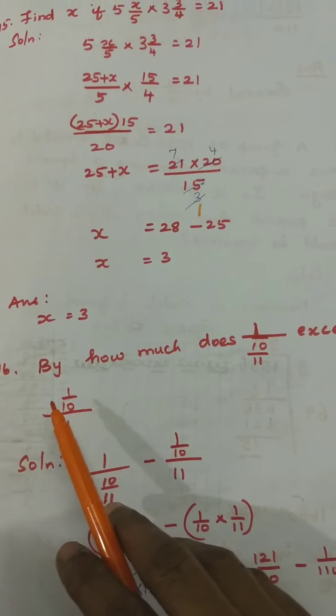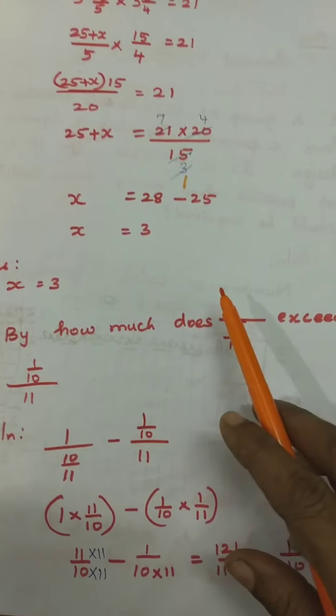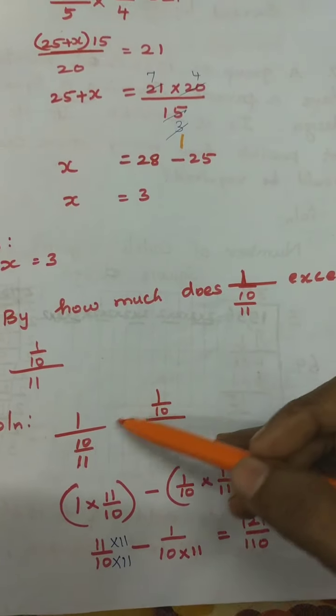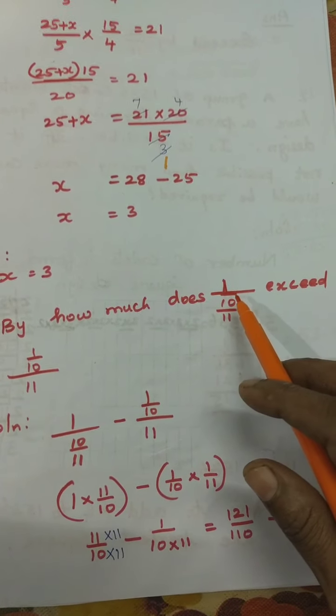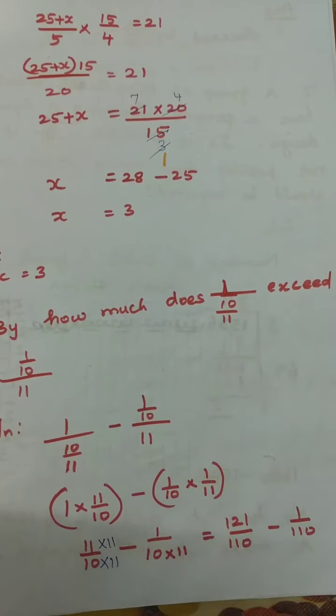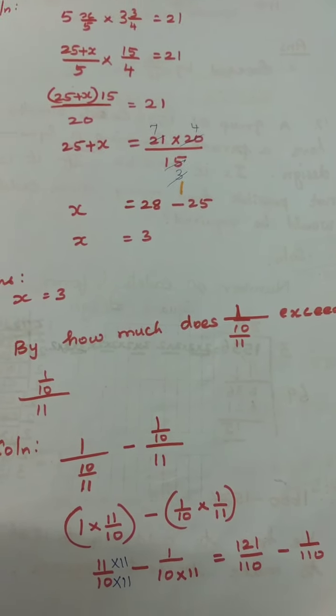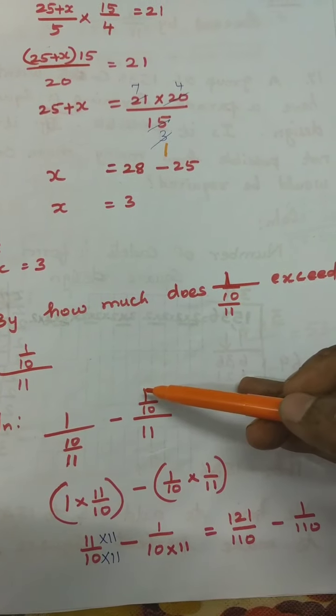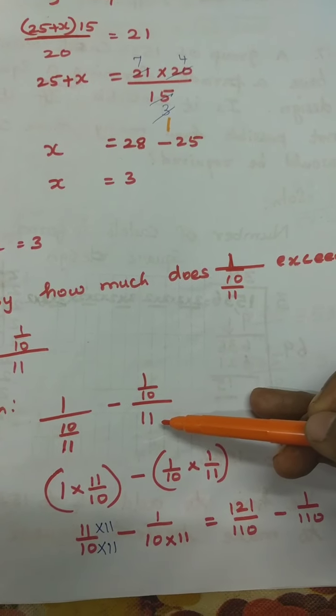Then the 16th sum. By how much does 1 by 10 by 11 exceed 1 by 10 by 11? Then you can subtract and say how much it is more. So 1 by 10 by 11, 1 by 10 by 11.